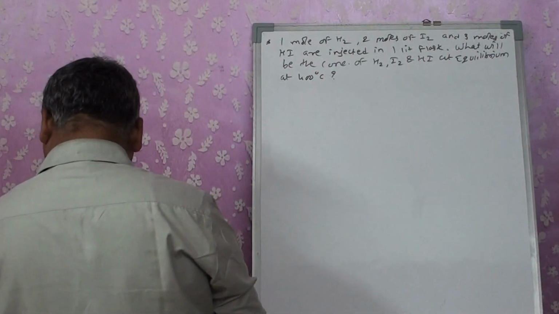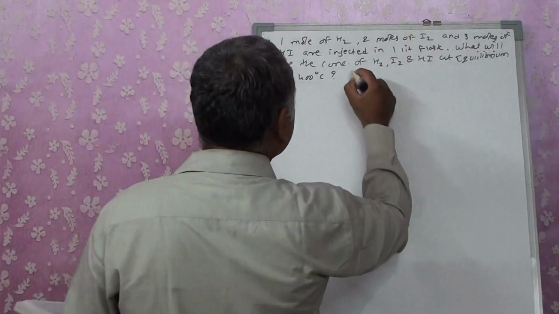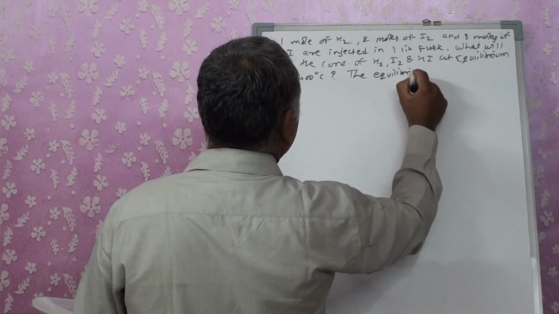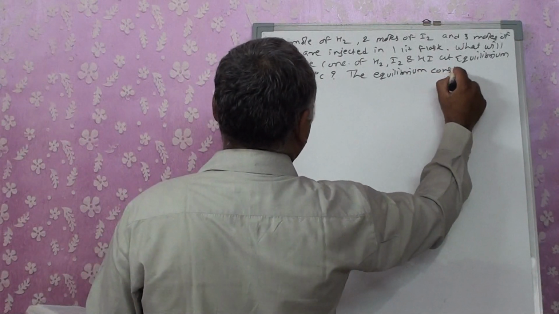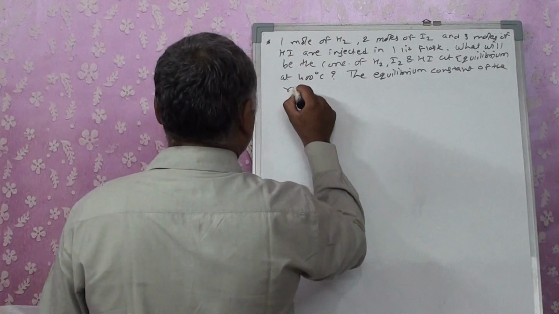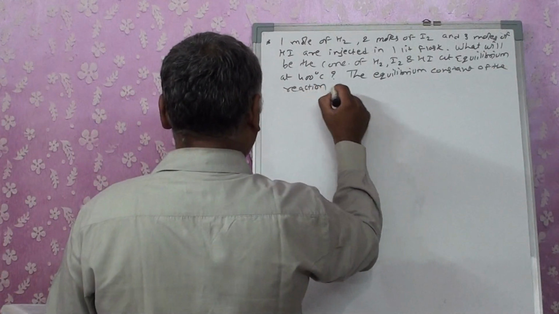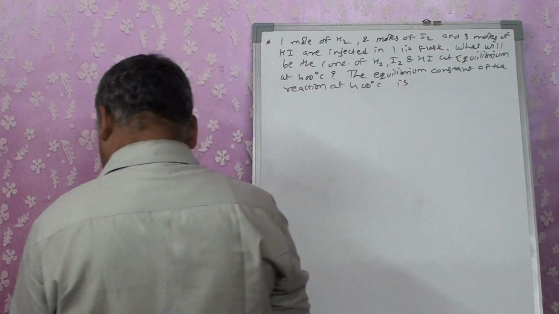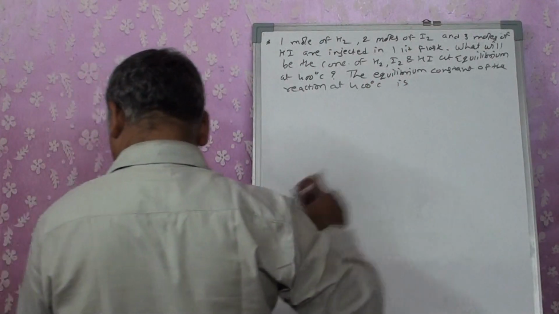The equilibrium constant of the reaction at 400 degrees Celsius is 45.9.